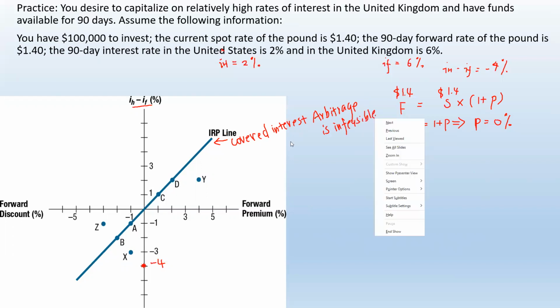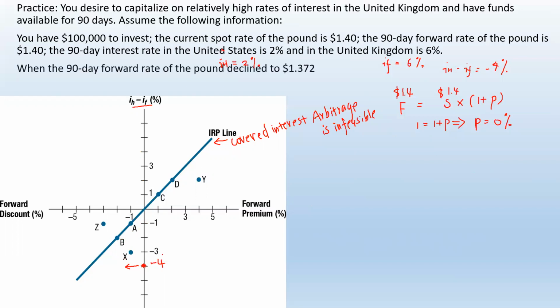But if it's not on this line, it means covered interest arbitrage is feasible. So as more and more arbitragers conduct the arbitrage, the dot will move to the left-hand side, finally reaching this line. Because the interest rate differential should be exactly the same, 4%.